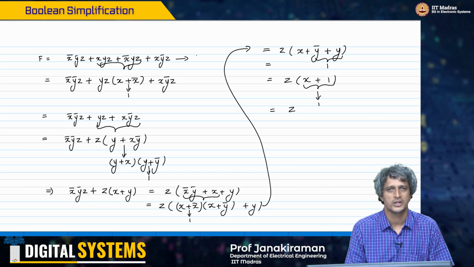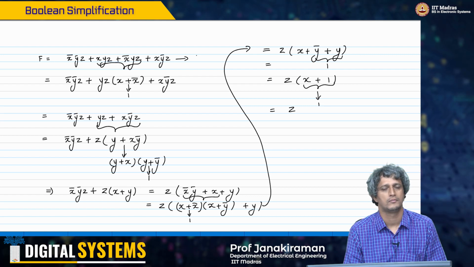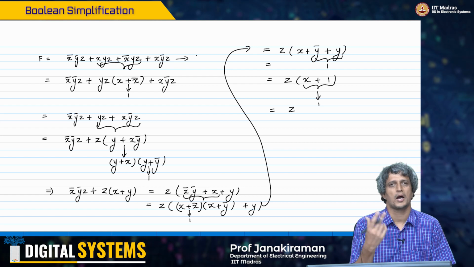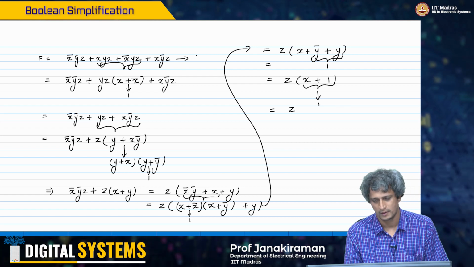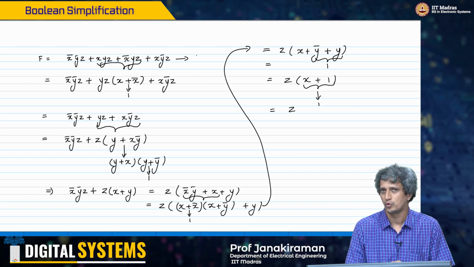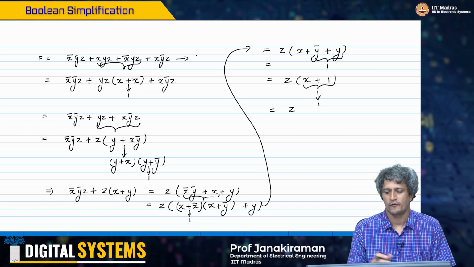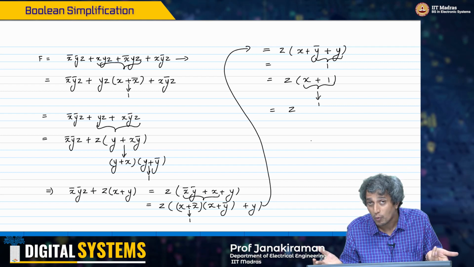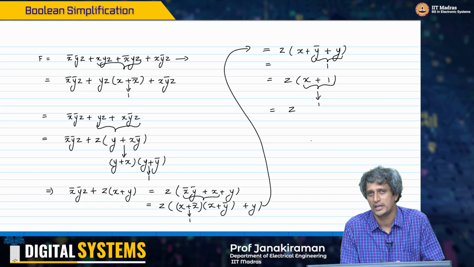Of course, not to mention the inverters or the complement circuit that you need to get x bar, y bar, z bar and so on, right? But effectively, if you do Boolean simplification, the function f does not even depend on x and y. So that's the key takeaway here.